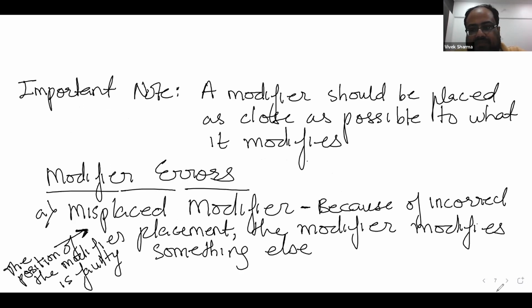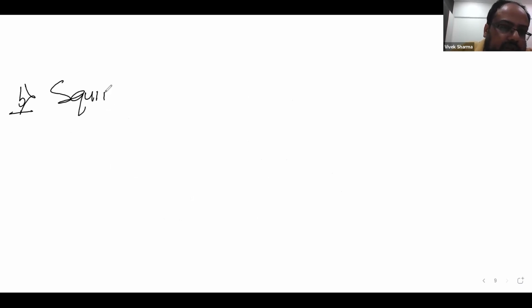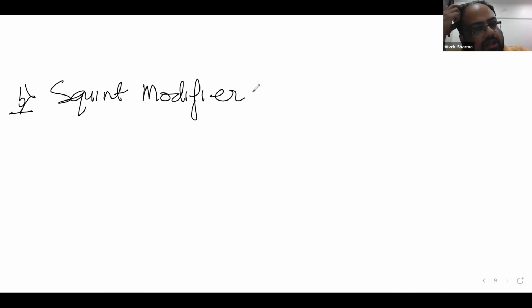The next kind of modifier error is a squint modifier.